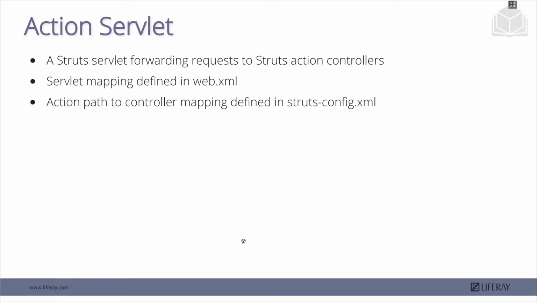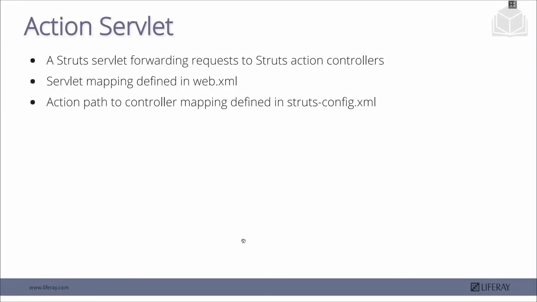And then those servlets will go off and do something. Now, the whole defining of which URL pattern invokes which servlet or action servlet is defined within a file called web.xml.